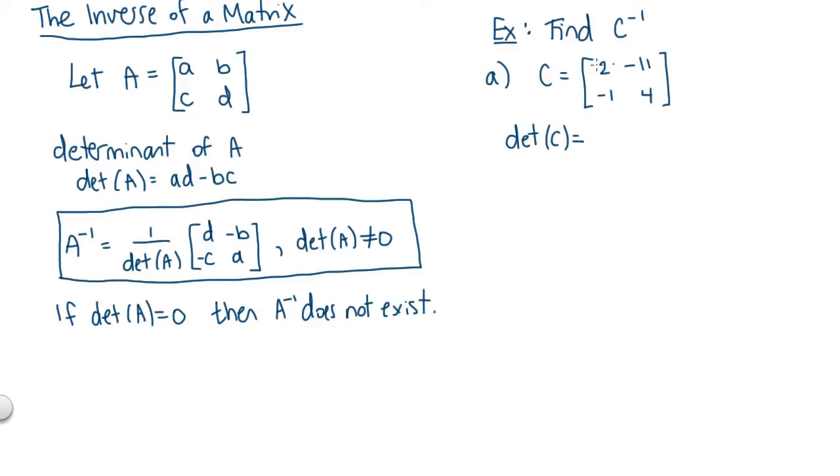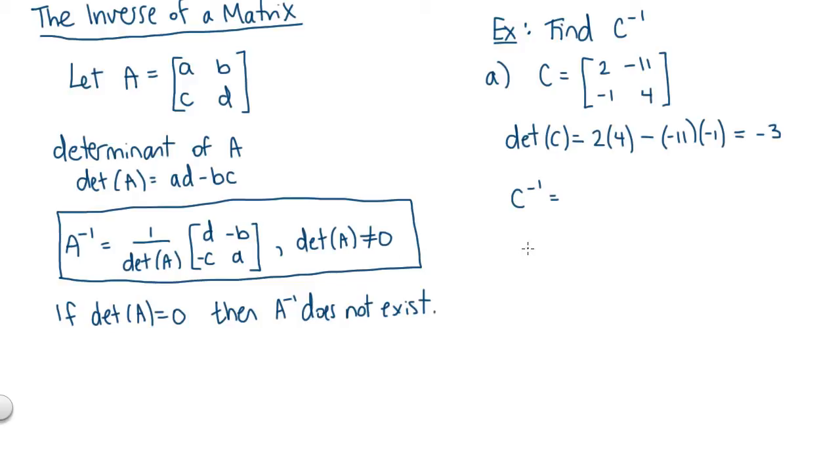So we're going to go A times D, 2 times 4, minus the product of the off-diagonal elements, so minus -11 times -1. And if we work that out, we've got 8 minus 11, so -3. All right, because this determinant is non-zero, it means the inverse matrix does exist.